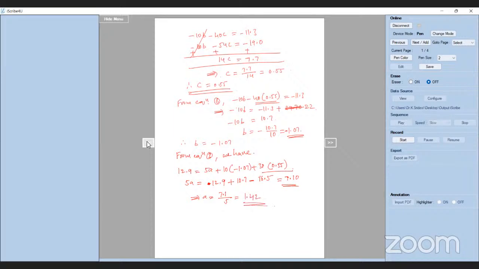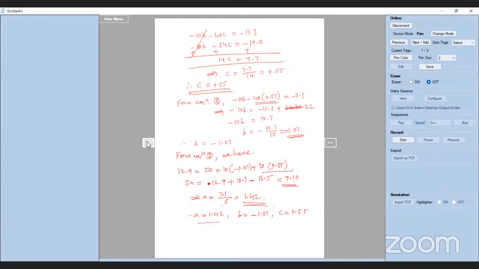So therefore, the A value is 1.42. The B value is minus 1.07. The C value is 0.55.